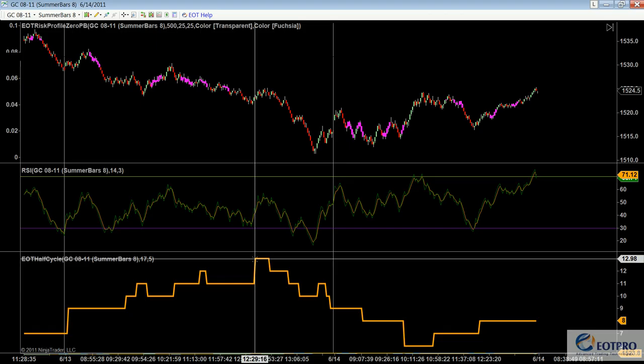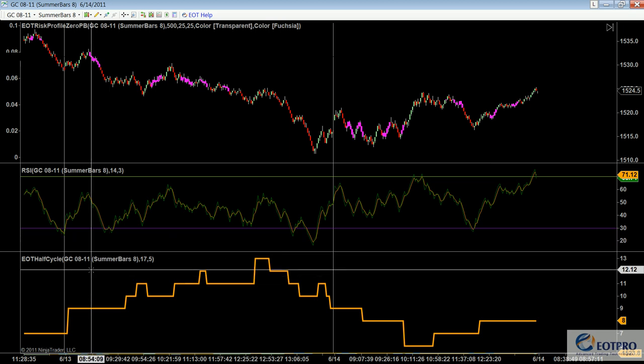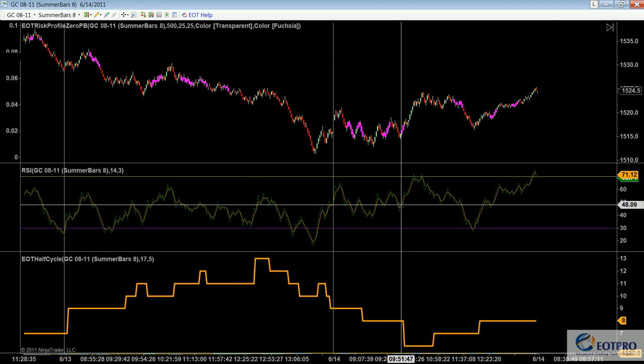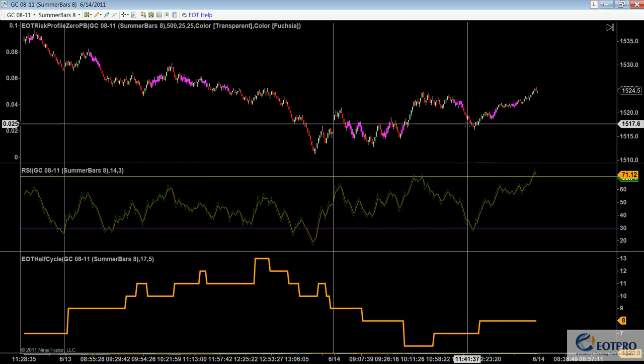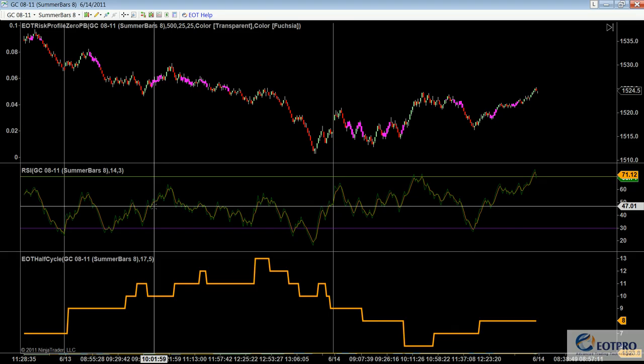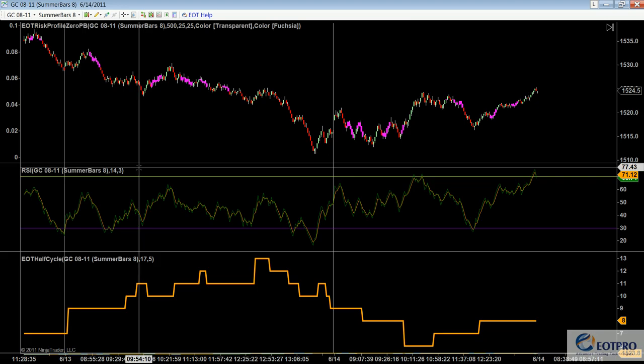Now, one interesting way to use this half cycle indicator, by itself it may not be completely useful, but tied in with some other indicators it certainly could be. One interesting thing in how we dynamically adjust our indicators is that on all of the stock indicators from NinjaTrader, for example, the length input is always fixed at 14.